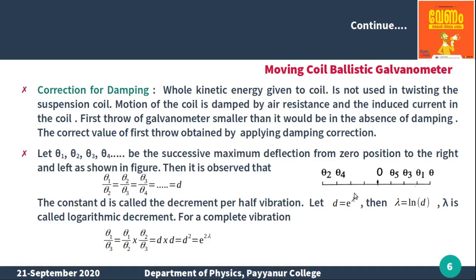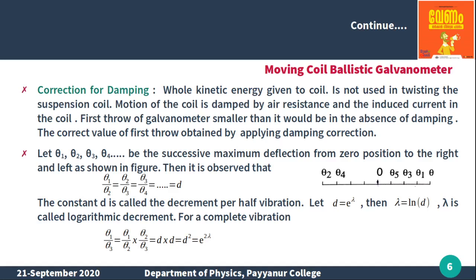That is what the damping correction does. The first throw is smaller because of the damping force that damps the motion of the coil, so we have to correct the value of the first throw. Damping correction means we accommodate that the kinetic energy is not completely used for twisting the suspension, because of air resistance and the induced current.